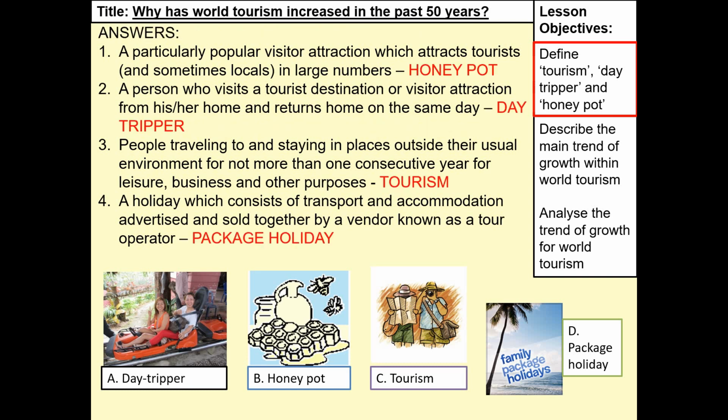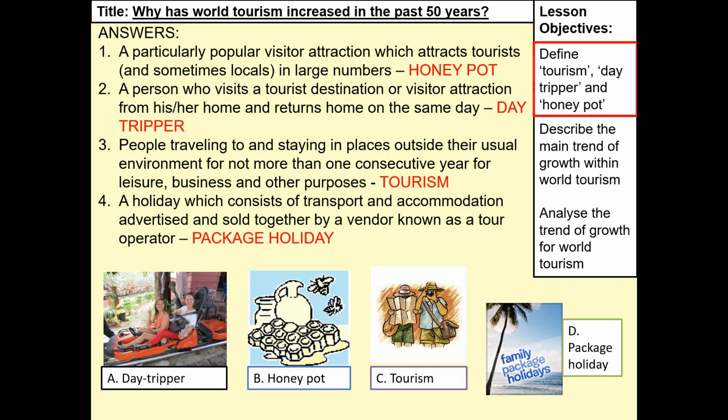Okay, up on the screen now we've got the correct answers, so hopefully you'll have got them all right. A honeypot site is a particular area or an attraction which gets a large amount of visitors. Secondly, a day tripper is a person who visits a tourist destination but just goes there and back on the same day.